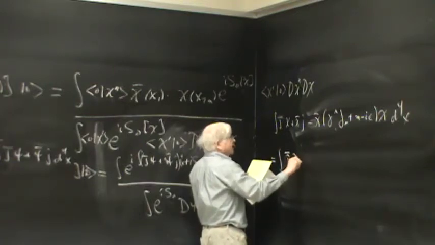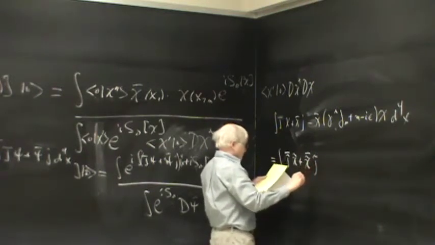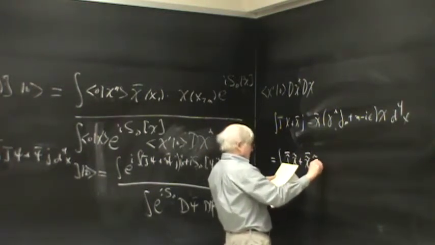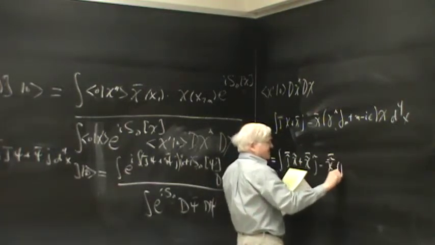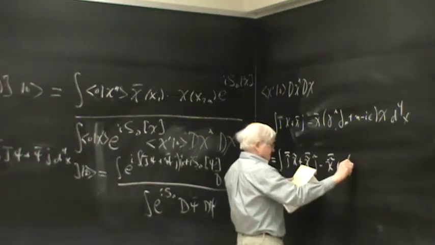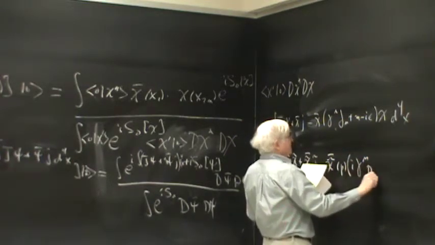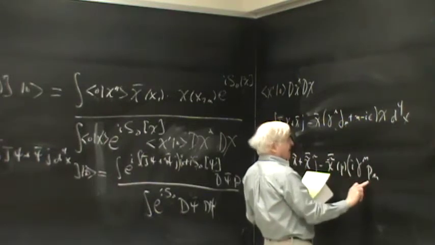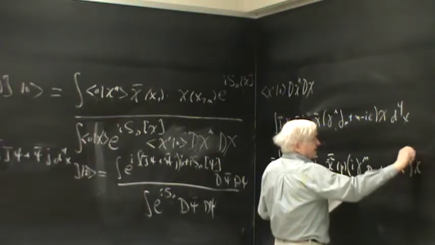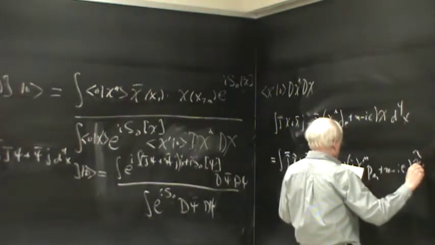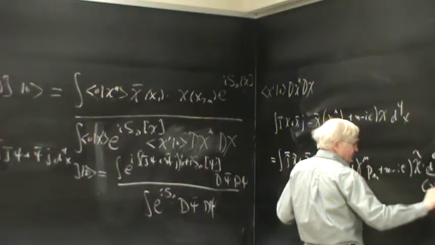Chi tilde plus chi tilde bar j tilde, and then minus chi tilde bar, and now this is a p. And so this is I gamma mu p mu, because the derivative brings down an I p mu plus m minus I epsilon chi tilde. And now what we have is d4th p over 2 pi to the 4th.